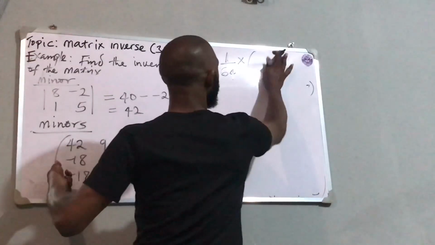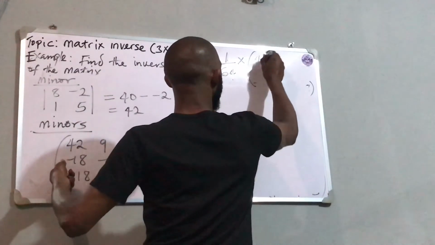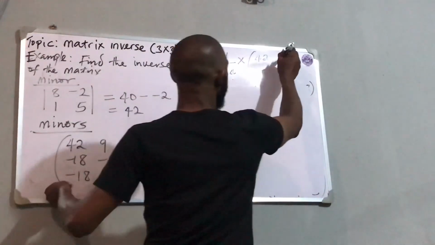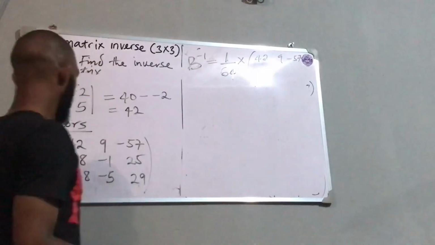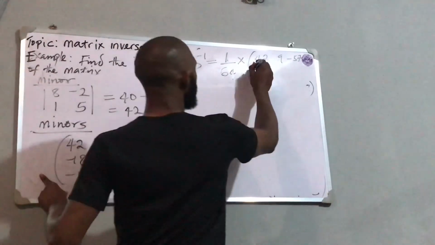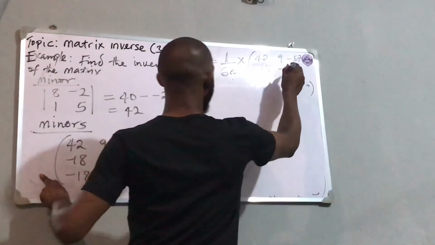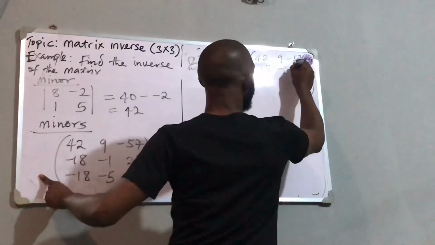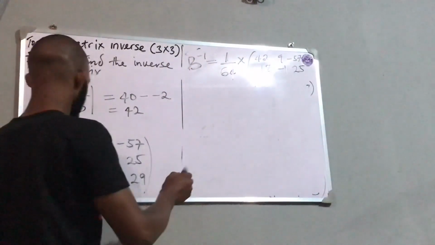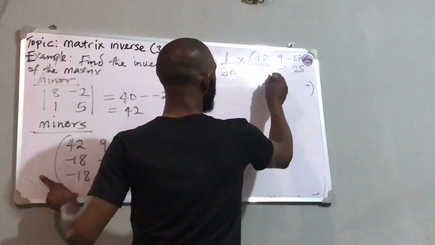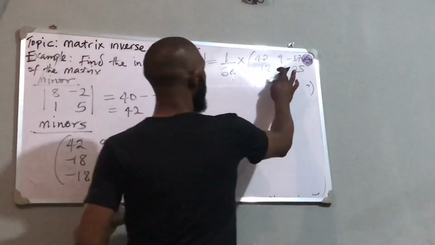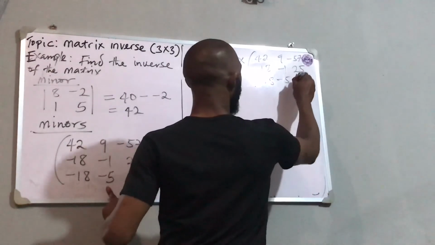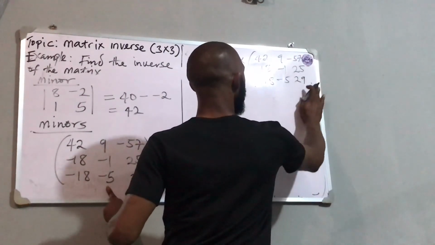So we have 42, 9, minus 57, minus 18, minus 1, 25, minus 18, sorry, minus 5, and 29.